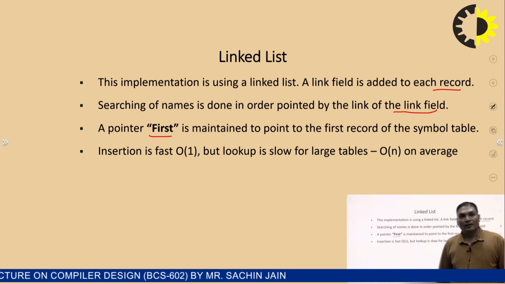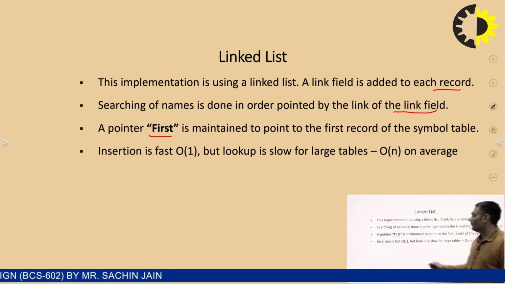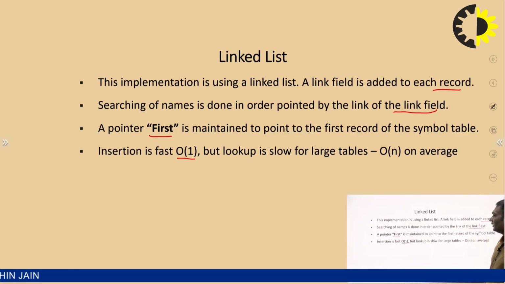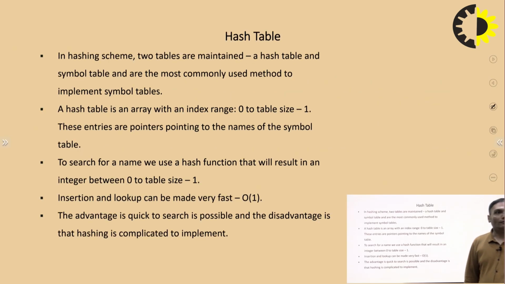If we talk about the efficiency of the linked list, insertion is fast as it takes order of 1 complexity, and for lookup, if we want to check an item inside the symbol table, using a linked list it takes order of n on an average case. Hash table is another scheme.